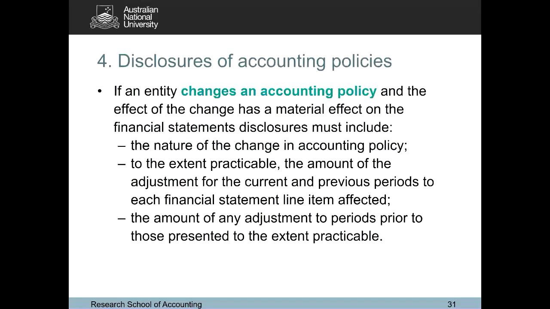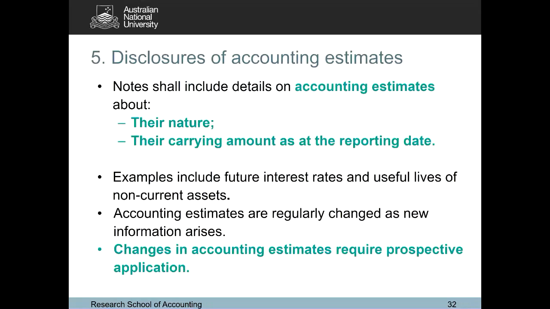Because consistently, you don't systematically change something you have consistently followed, all right? So you need to disclose that, and you will show the past effects, but only to the extent practical, because you probably can't go back 10 years, 20 years, right? So to the extent practical, you need to show the changes, the adjustment.